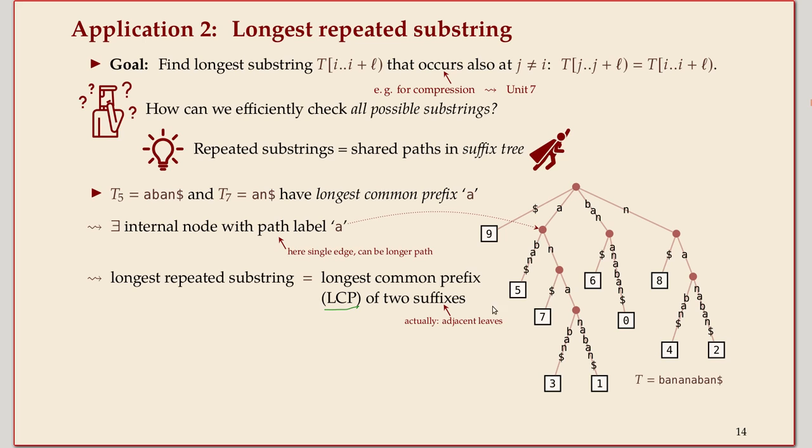Now, it turns out you can even restrict this a little bit. You can actually use adjacent leaves in the suffix tree instead of arbitrary ones. So for any internal node, you can find two leaves that are, okay, what do I mean by adjacent? Maybe I should say this first. This is a tree, and you can traverse it in depth-first order that walks along the tree.